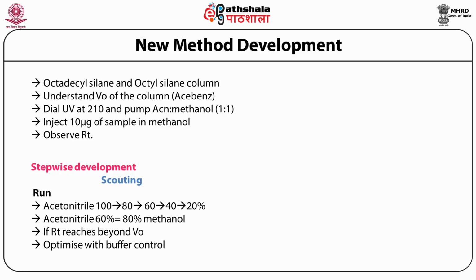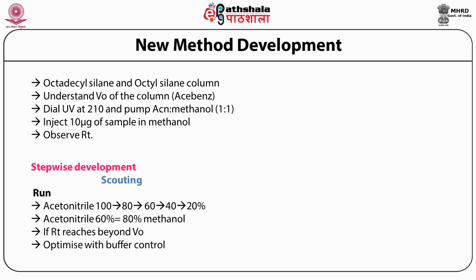I will run 1:1 acetonitrile and methanol. I will inject 10 microgram of sample and observe whether and when it is coming out. After that, what I will do for method development is what is called scouting.